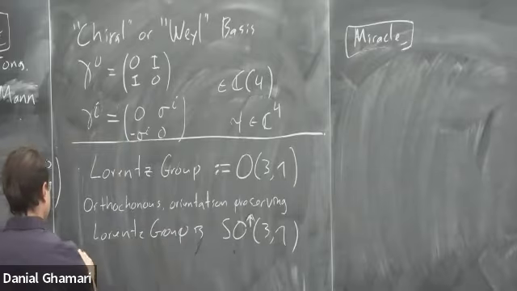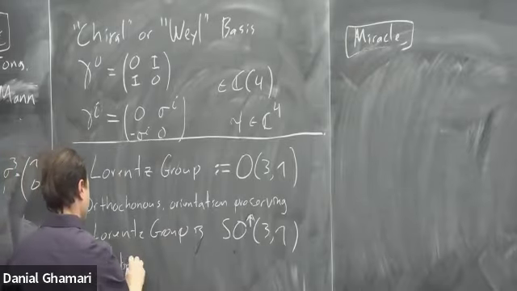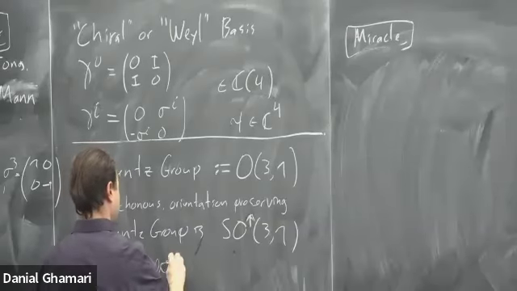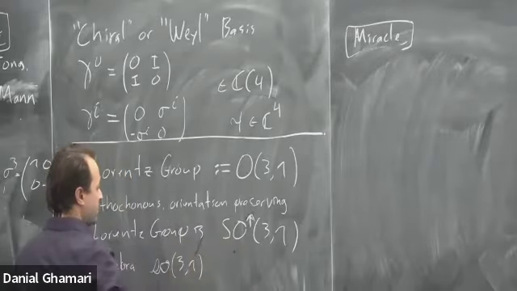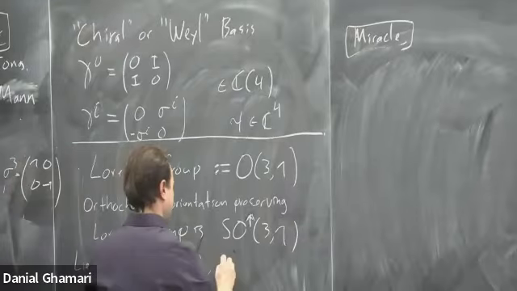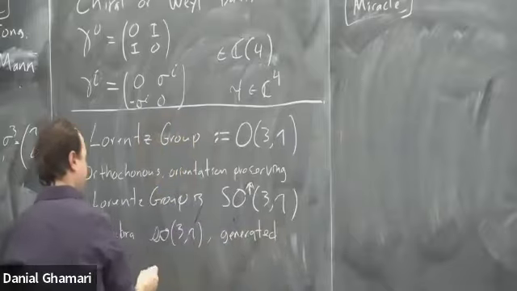And we have Lie algebra that we're going to say is SO31. I write it as SO31 because the Lie algebra only depends on the identity component. So we have a Lie algebra generated, I'm going to be really rough now and not write down what they actually are.